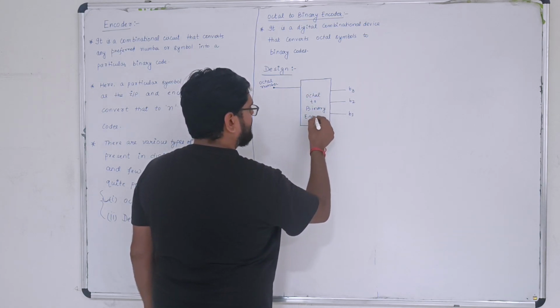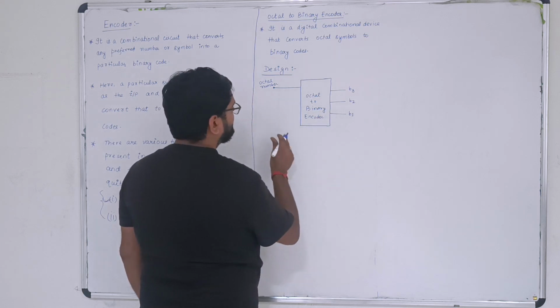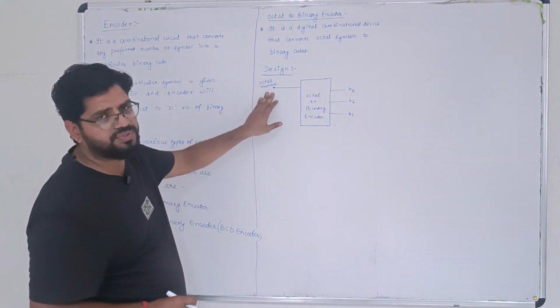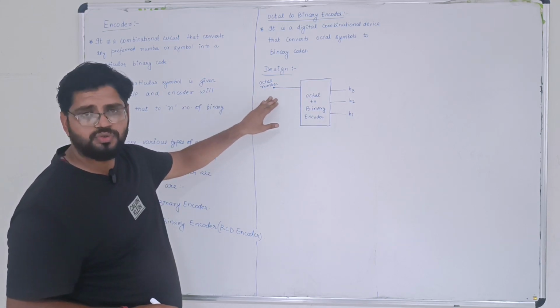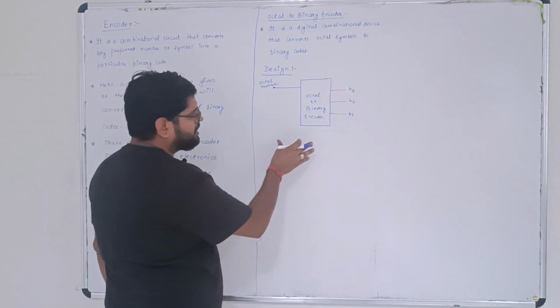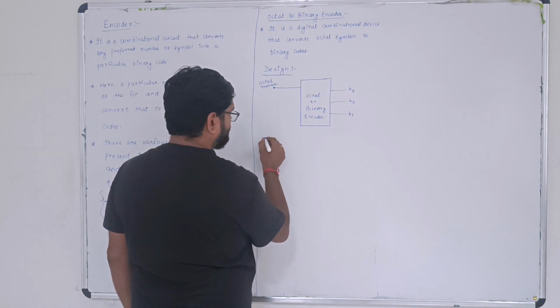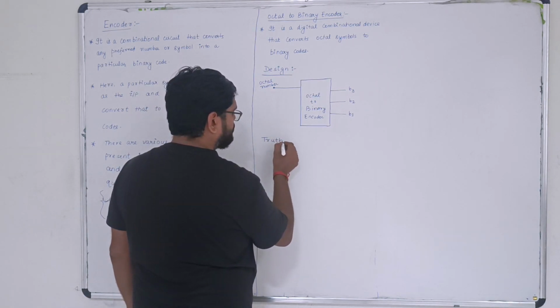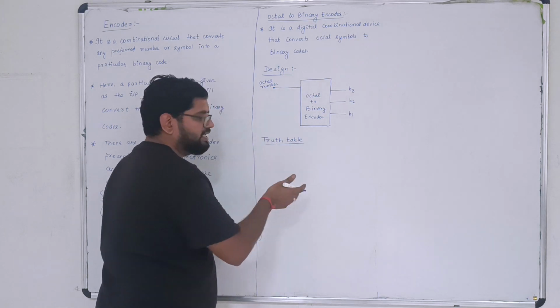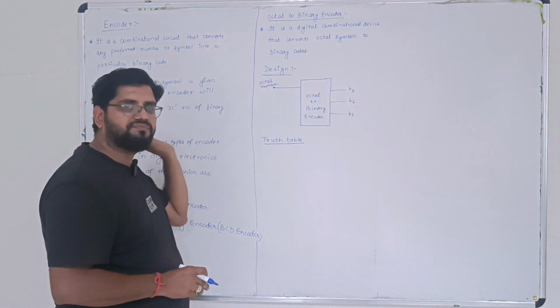Now we can have this octal number as any combination. I mean, octal numbers, we know that it starts with 0 and will end at which number? 7. So for this, we have to design a truth table. Now the truth table in this case will be somewhat different from what we have done previously.